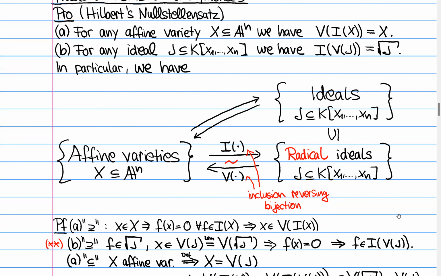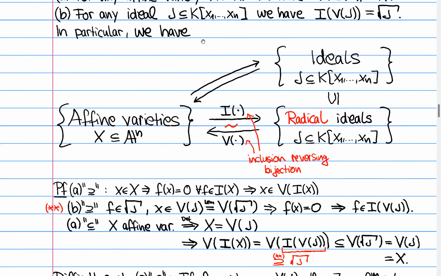And then for the last part, so here we have A, this inclusion. So we want to say, if something is in the vanishing set of I of X, then it is in X. Now, careful, this would no longer be true if X is any arbitrary subset of A^n, but this really uses that X is an affine variety.